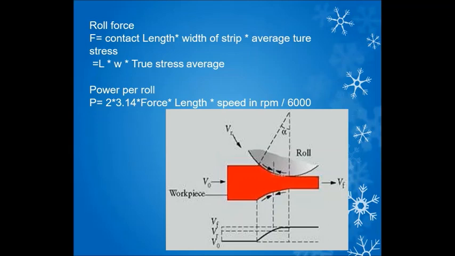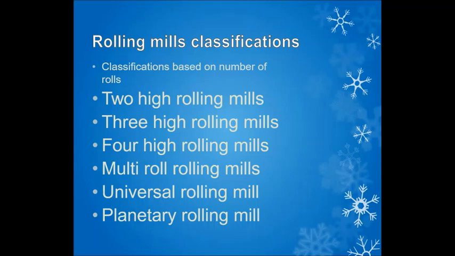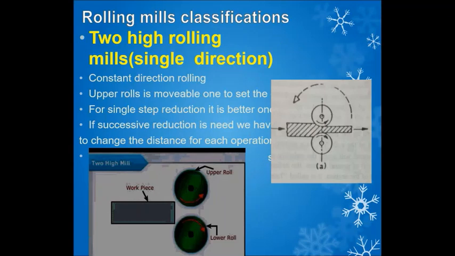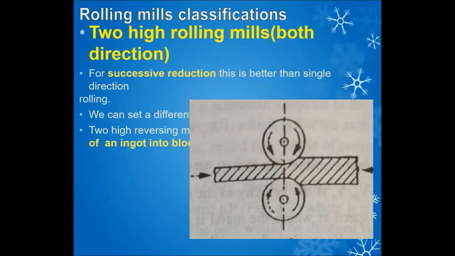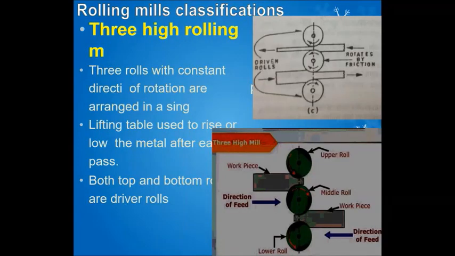2 high rolling mill, 3 high rolling mill, 4 high rolling mill, multi-roll rolling mill. Rolling mill classification: 2 high rolling mill in single direction, 2 high rolling mill in both directions. Successive reduction: 3 roll with a constant direction of rotation, arranged in single lift using table.